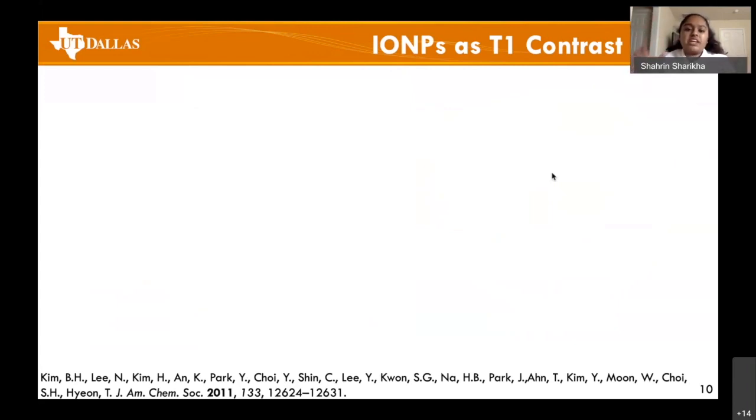And it can make it hard to delineate between the diseased tissue versus the normal tissue. And so researchers have been looking into modifying IONPs as T1 contrast agents.